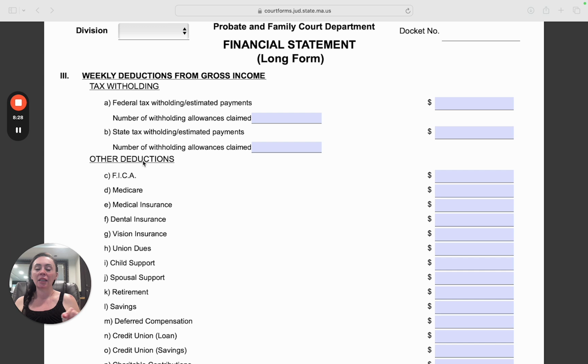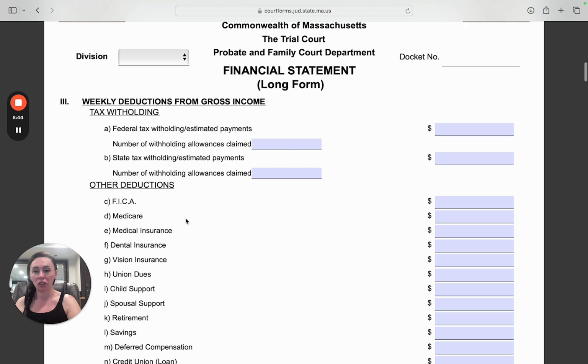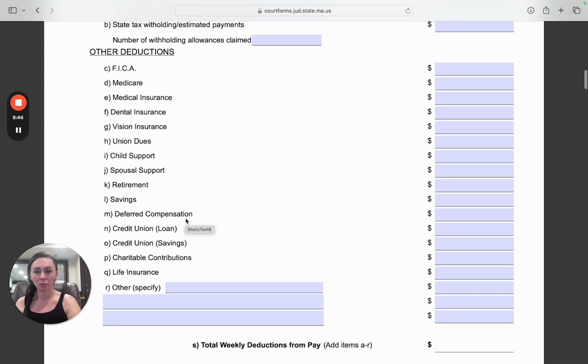Now for this next Section 3, this is where it's important to have your pay stub. If you have a job and it is applicable to you, have your most recent pay stub handy. Again, up here in the left-hand corner, you're going to pick the appropriate division of where your court is.